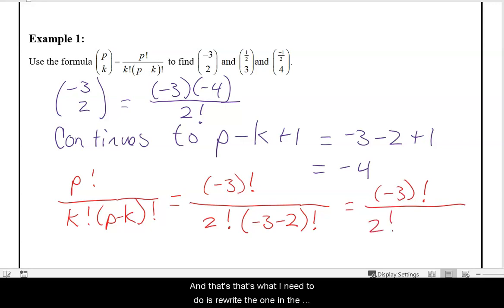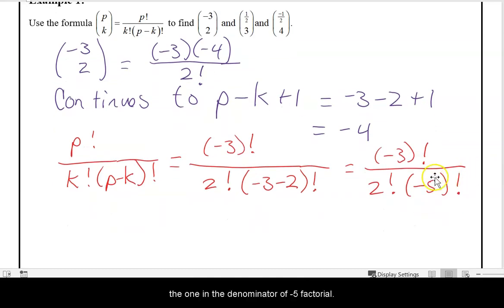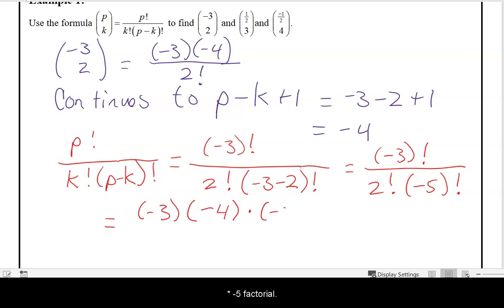In that sense, what I need to do is rewrite the one in the numerator, the -3 factorial, in such a way that I can reach the one in the denominator, the -5 factorial. If I do that, I will get -3 times the integer immediately to its left by subtracting 1, which is -4, times -5 factorial.